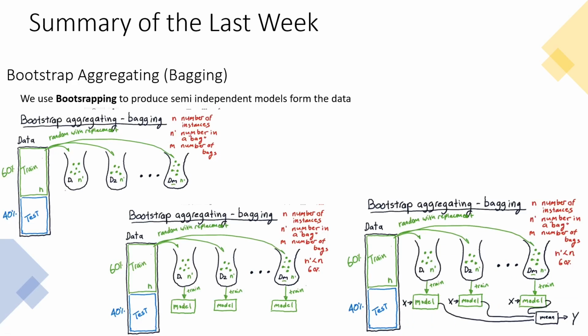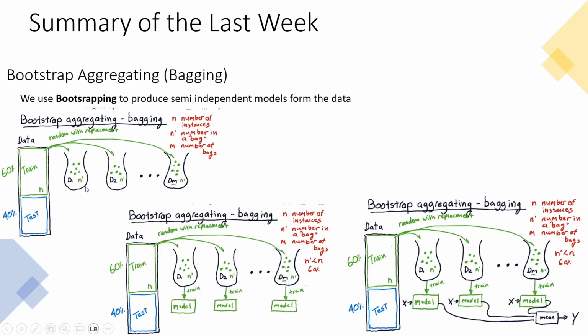And the idea behind bootstrap aggregation, namely bagging, is to produce semi-independent models from the data. So why is it semi-independent? Because we basically train different and independent models. We have a data set, we create bootstraps from this data set, and even if we use the same model type, for example, we use decision tree here.